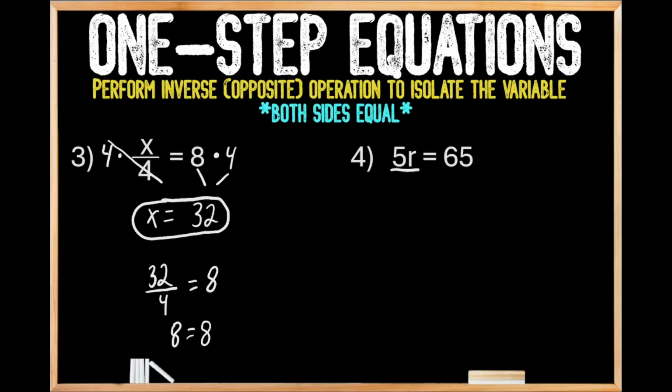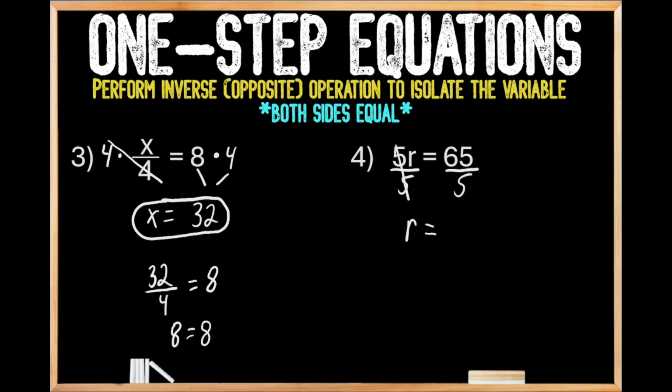So we're going to divide both the left and the right-hand side, because we need to keep things equal here, by 5. For the left-hand side here, multiplying by 5 and dividing by 5 cancel each other out. So now our variable of r is isolated.